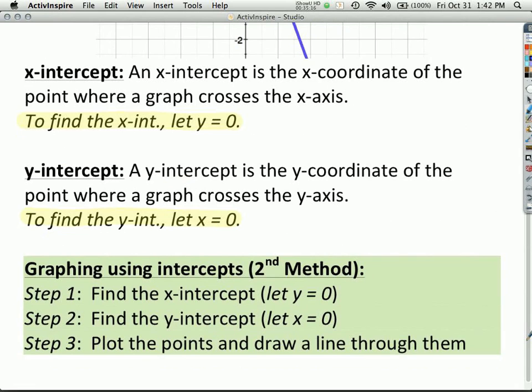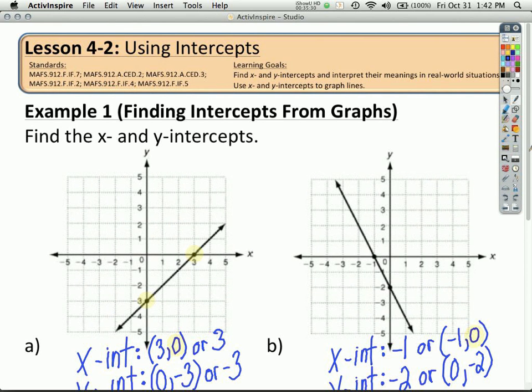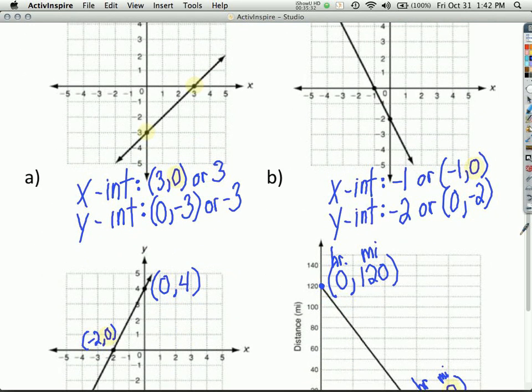To find the x-intercept, let y equal 0. Let y equal 0 to find the x. Let's look at that again because I just went over why to do that. What is y equal to every time we get the x-intercept? Y is always a 0.